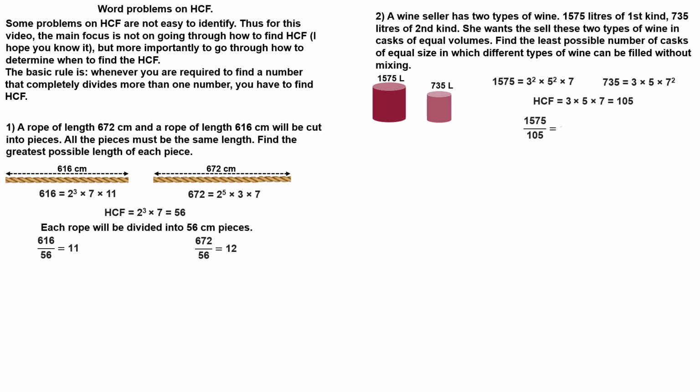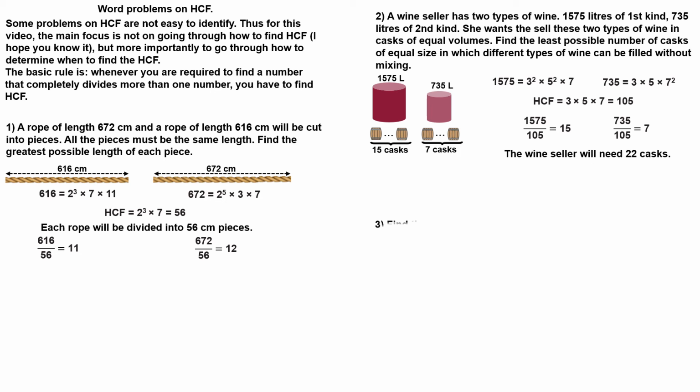The first kind of wine will be divided into 15 casks, and the second kind of wine will be divided into 7 casks. The wine cellar will need 22 casks.